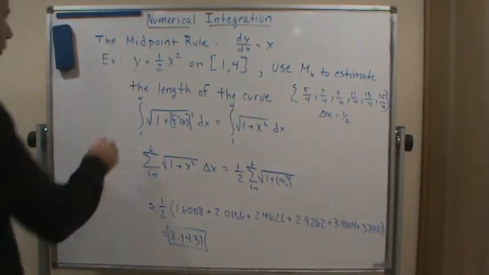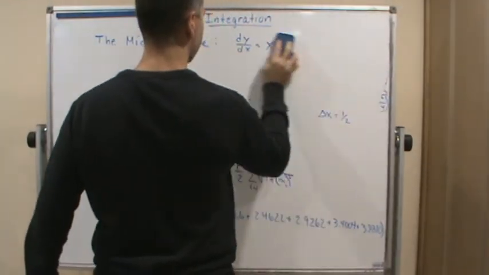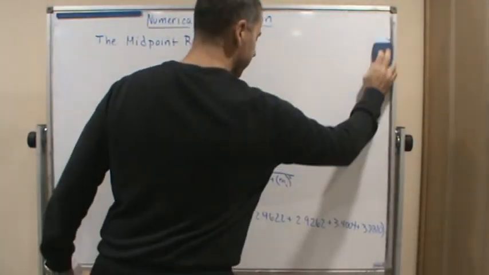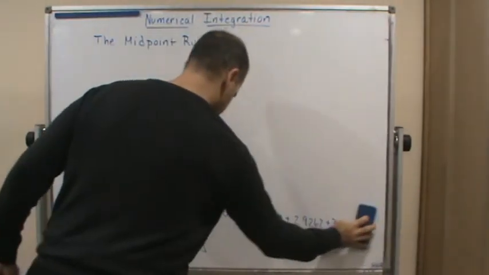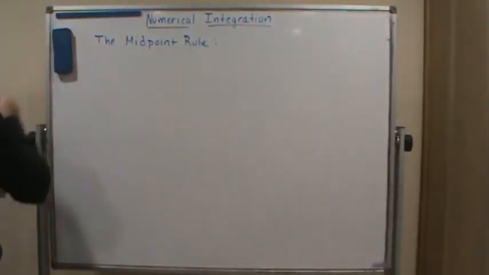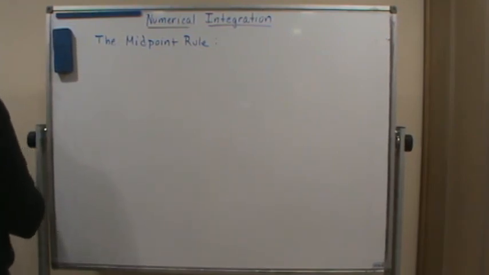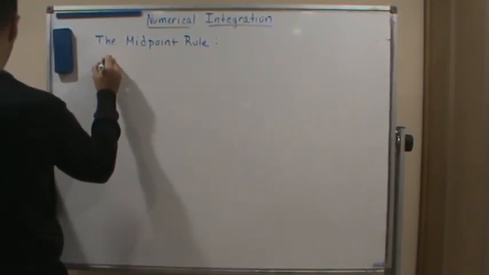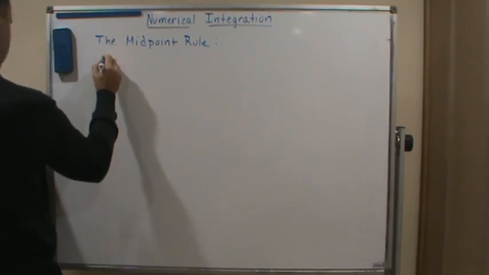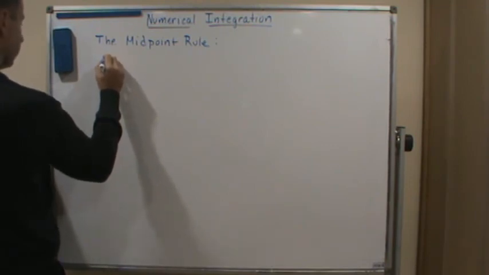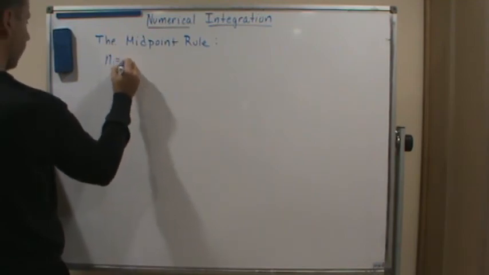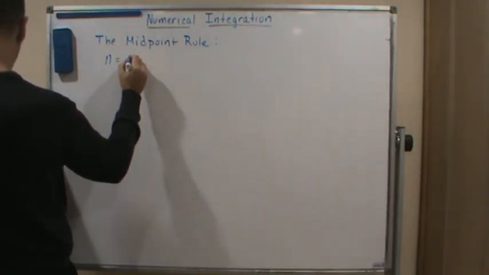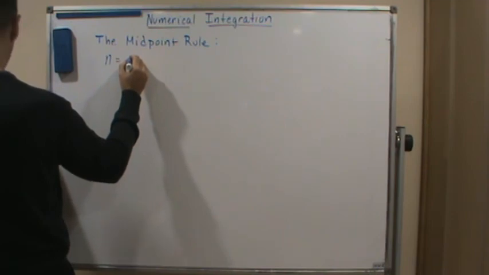Okay, so now here's one for you. Again, just follow the same steps that I've been doing. So estimate this one. So use the midpoint rule, and use n equal to, let's do 4.